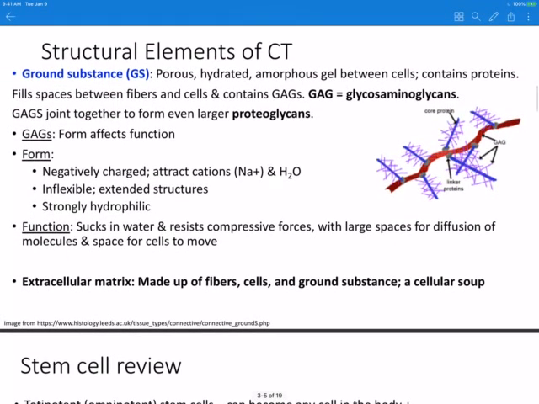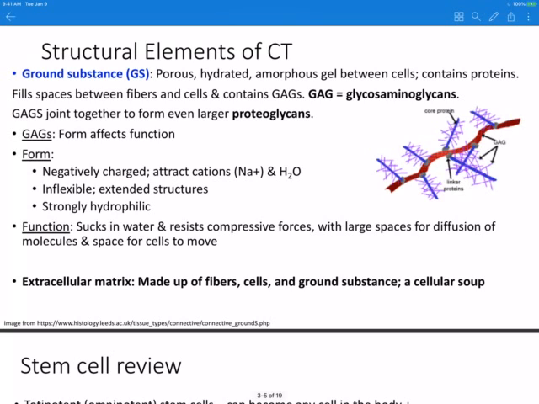Okay, what are the structural elements of connective tissue? Well, connective tissue is different than epithelial tissue, which we've discussed in the past. Epithelial tissue has very densely packed cells, whereas in connective tissue, the cells are widely dispersed and they're not packed closely together.